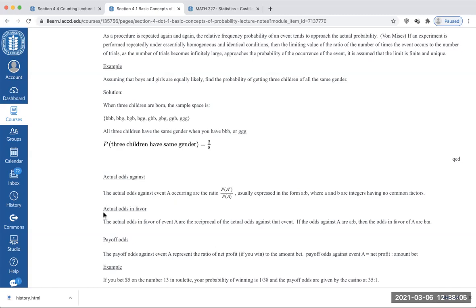The actual odds in favor of event A is the reciprocal of the actual odds against the event. We'll just take the reciprocal of this. The payoff odds. The payoff odds against event A represents the ratio of the net profit, if you win, to the amount bet. The payoff odds against event A is the net profit colon the amount bet.